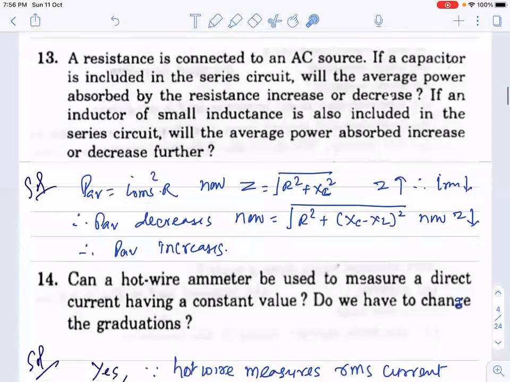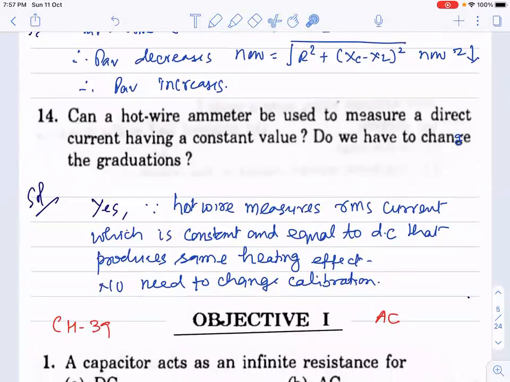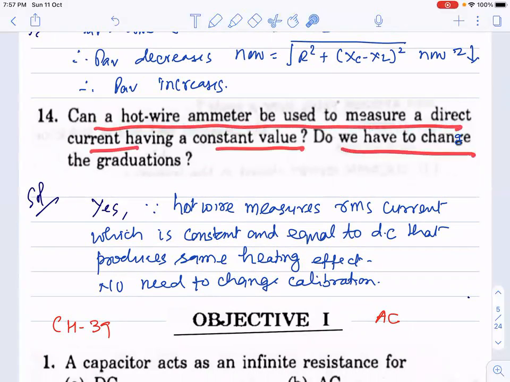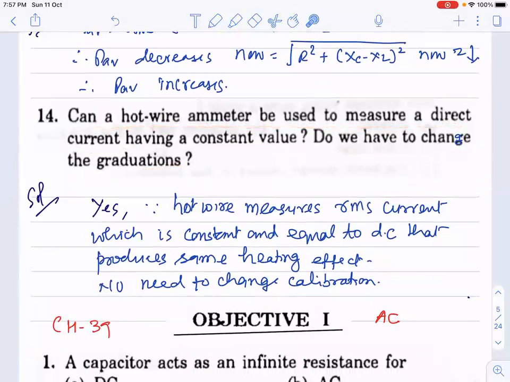All right. Next one: can a hot wire ammeter be used to measure direct current having constant value? Do we have to change the graduations? Yes, a hot wire ammeter can be used to measure the RMS current, which is constant and equal to the DC.